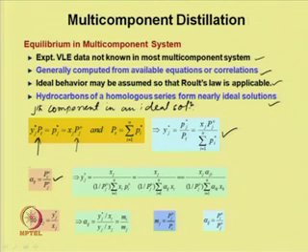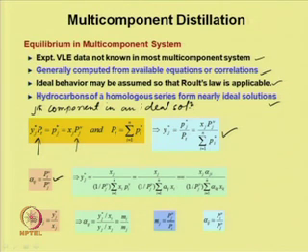And if we substitute these relations in these equations, we can obtain y j star is equal to x j divided by 1 by p j v summation over i equal to 1 to n of x i p i v, which is equal to x j divided by 1 by p j v summation over i equal to 1 to n of alpha i j x i.